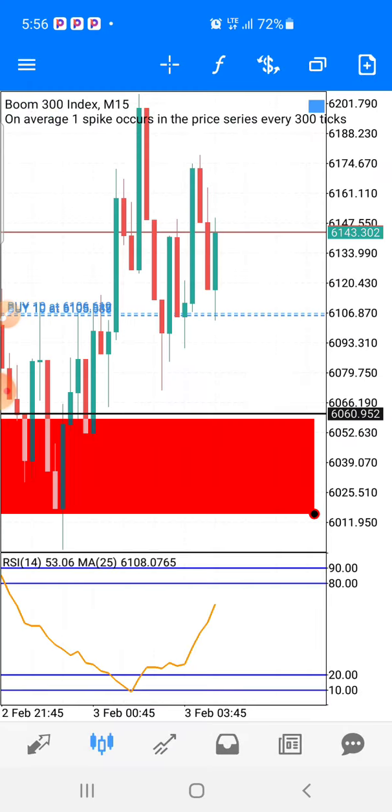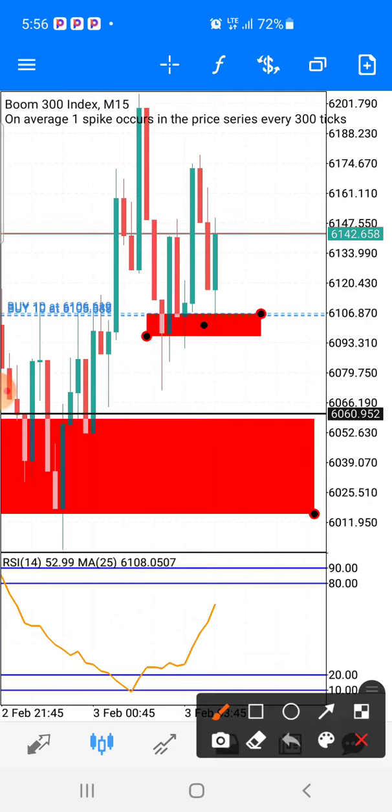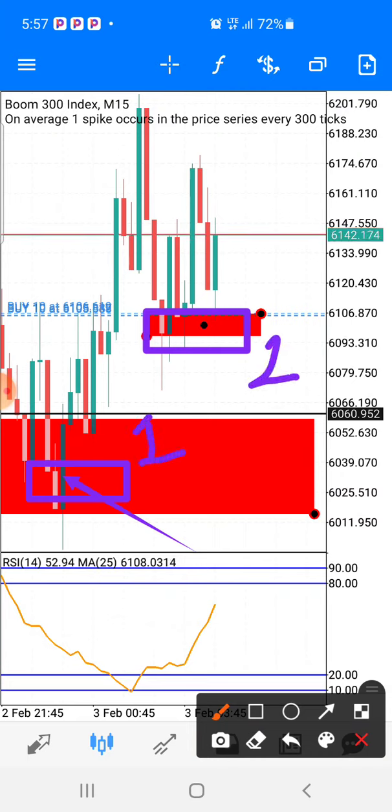As the price keeps moving up, it forms another support right here, which is the next spike point or next entry point. So if we miss this first entry, which is here, the second entry is here. Entry number one, entry number two.